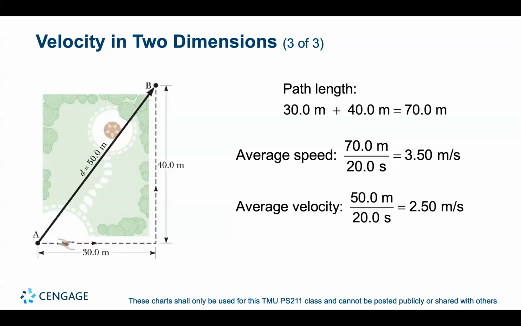The magnitude of our average velocity depends only on the distance between the endpoints, which is 50 meters. So then V equals D over the time, and we have the equations here. So we have the path length, and we can calculate the average speed and the average velocity.